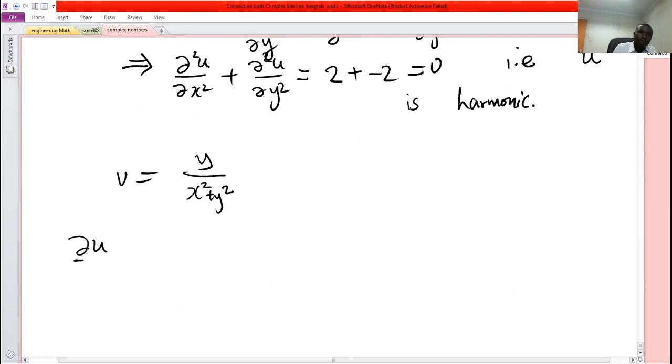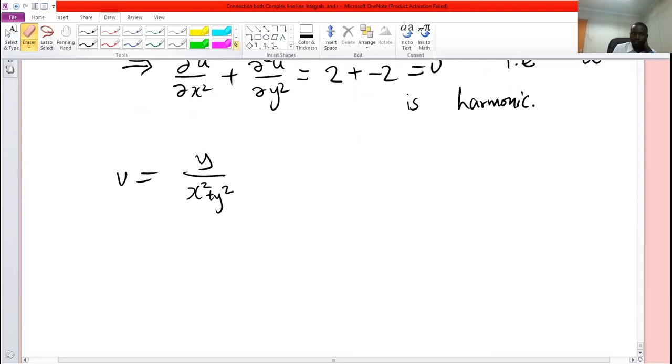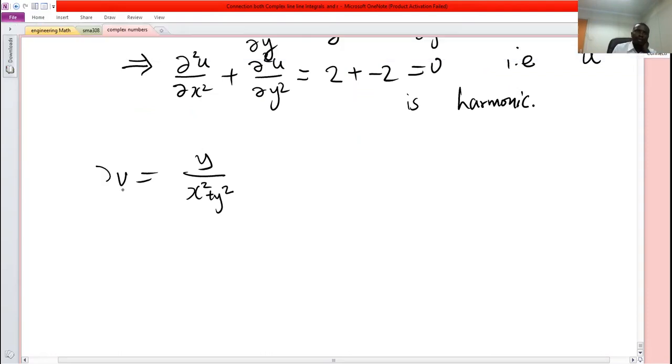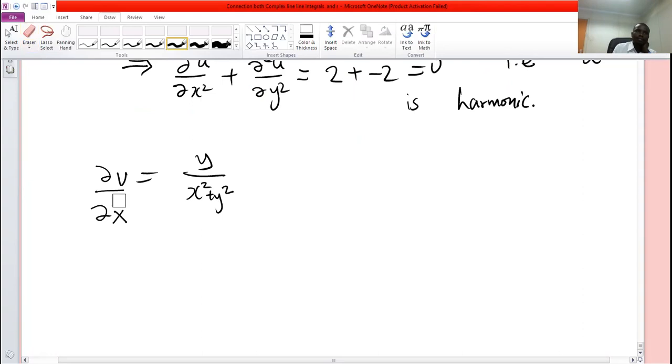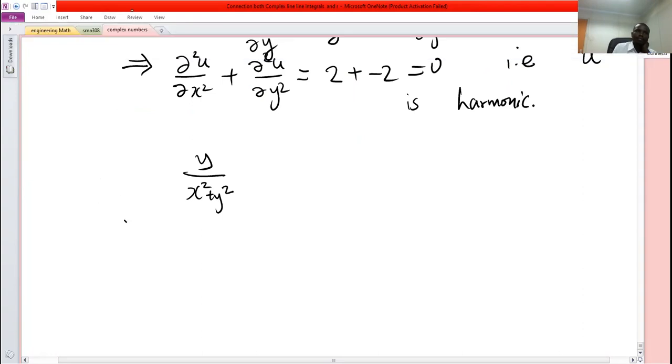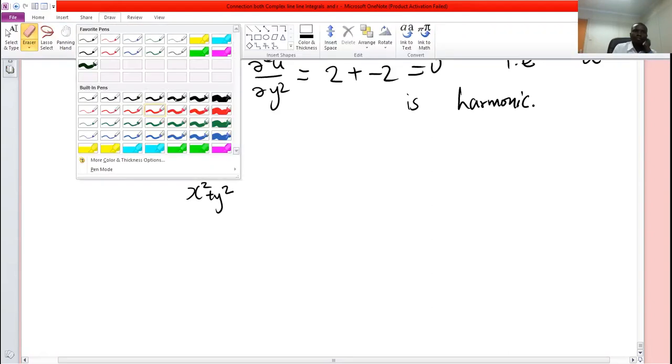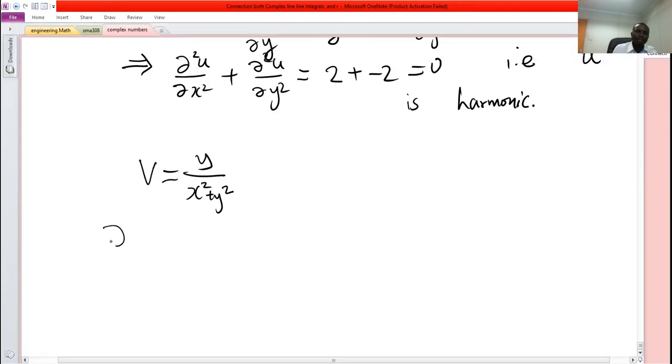So these are quotients, so we just use the quotient rule.